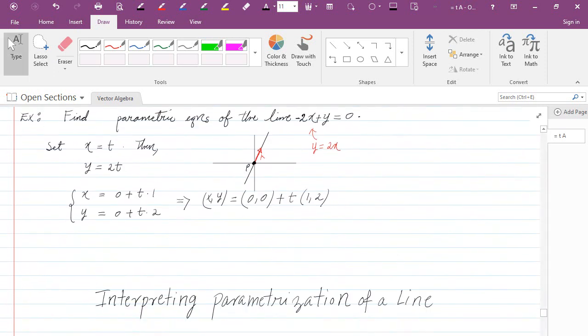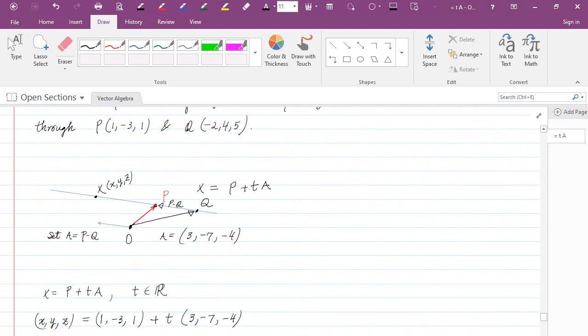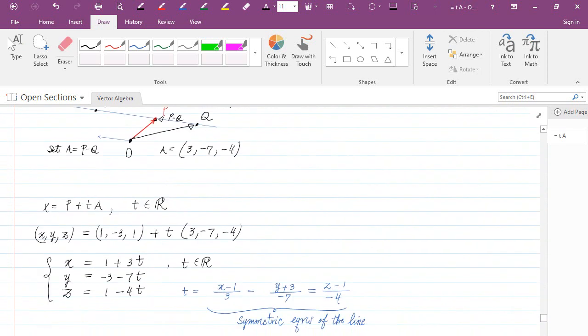So let's say we are given these parametric equations of the line, and the question asks to find a vector parallel to the line. Well, we just have to read off the coefficients of t. So 3, -7, and -4, that's going to be a vector that's parallel to the line.